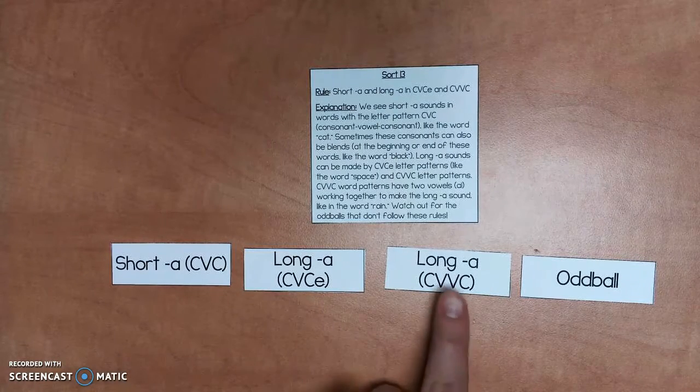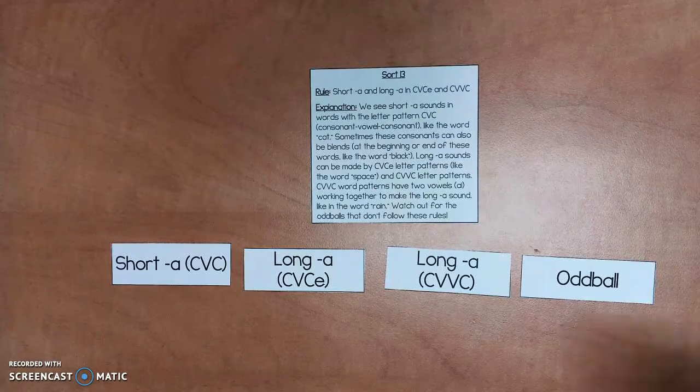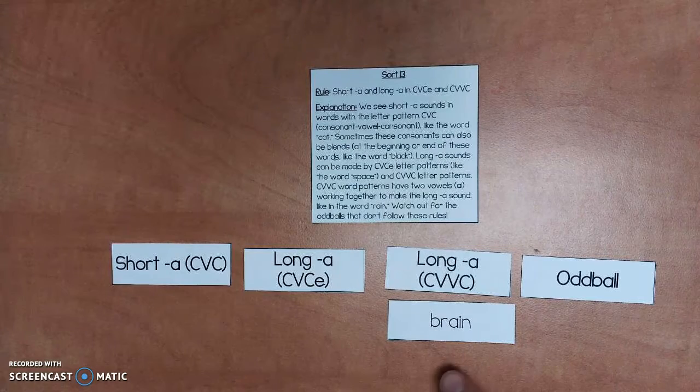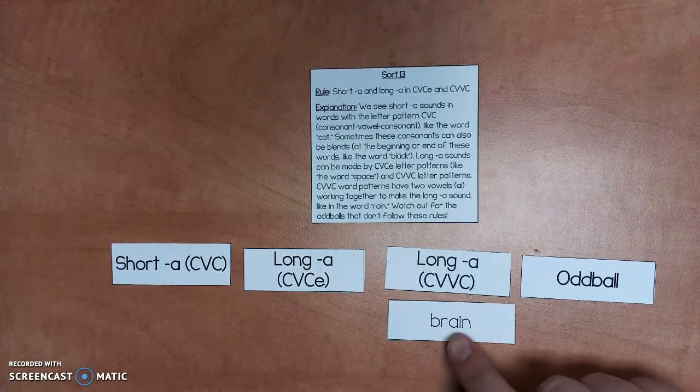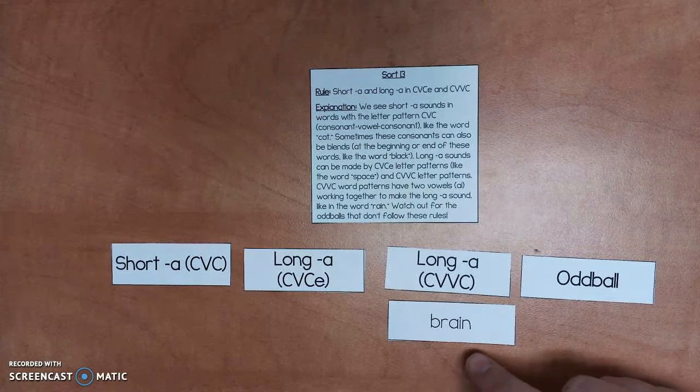And then we have our CVVC. So in this sort, our vowel combination here is AI, like in the word brain. Now, brain. Do you hear that A sound? Brain.